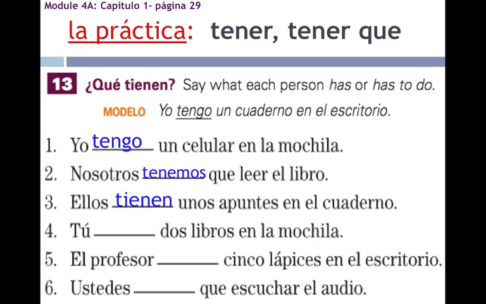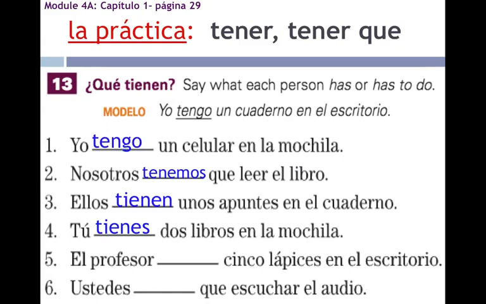Ellos tienen unos apuntes en el cuaderno. En inglés, they have some notes in the notebook. 4. Tú, 2 libros en la mochila. Tú tienes 2 libros en la mochila. En inglés, you have 2 books in the backpack.